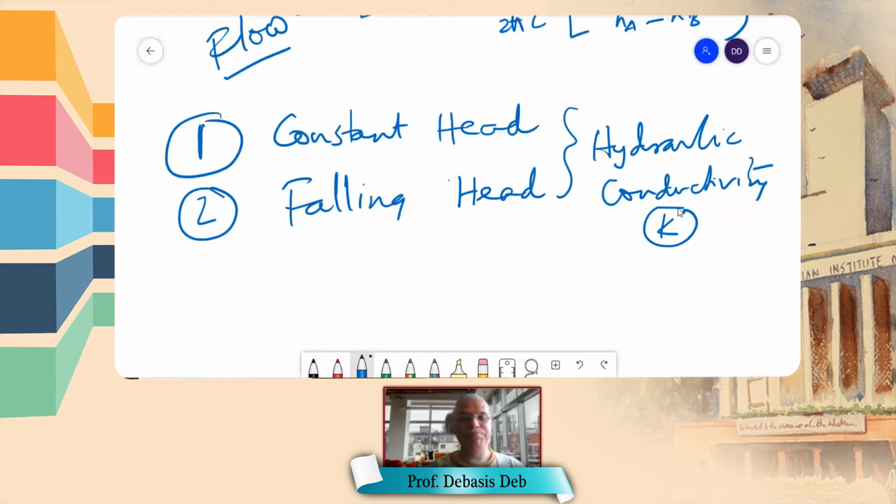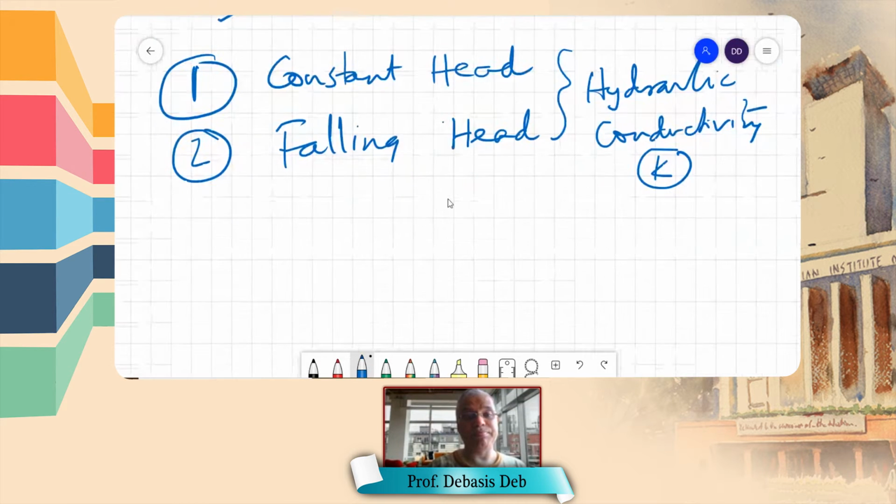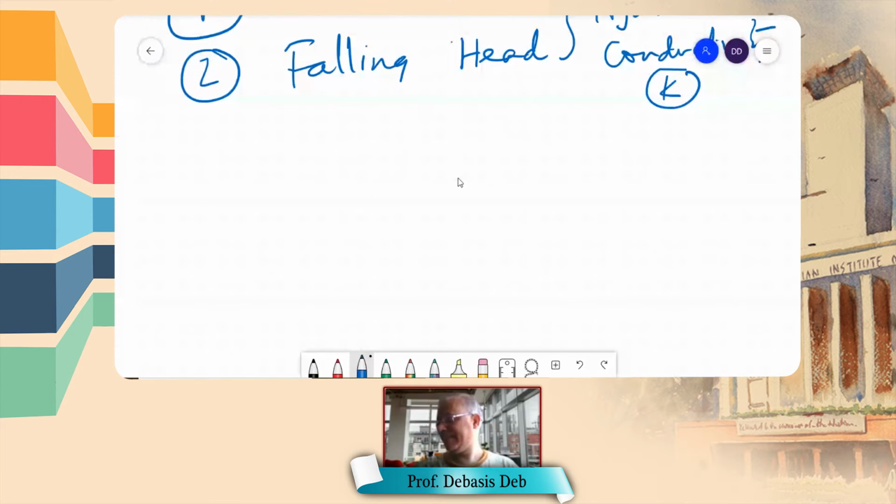Now we will go to a territory where, let me draw it first, then I will ask you to calculate. Let's say this is a linear flow happening.